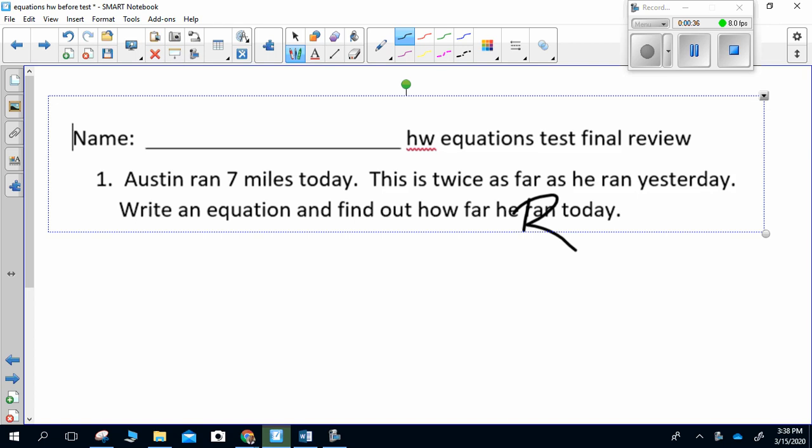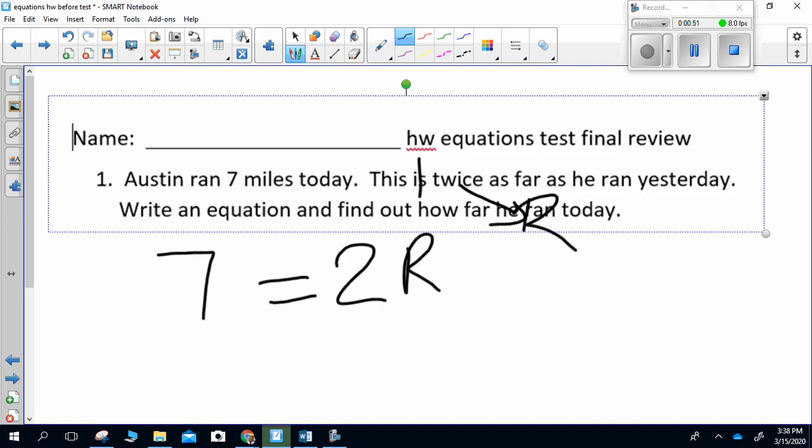It says Austin ran 7 miles today. This is twice as far as he ran yesterday. So I'm going to say 7 is equal to twice as far as he ran yesterday. So 2R. So 7 is equal to 2R.